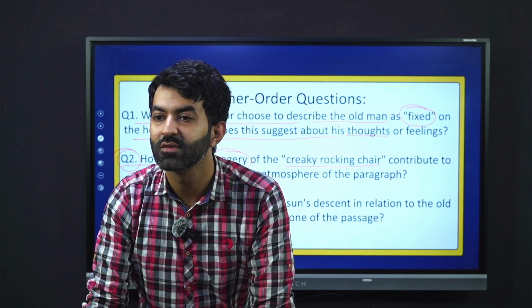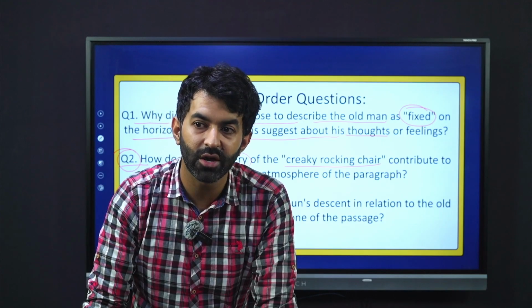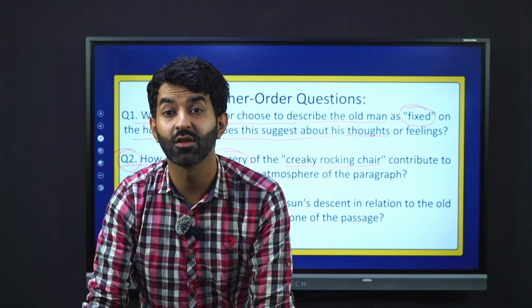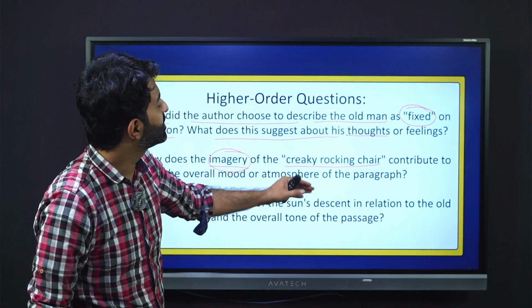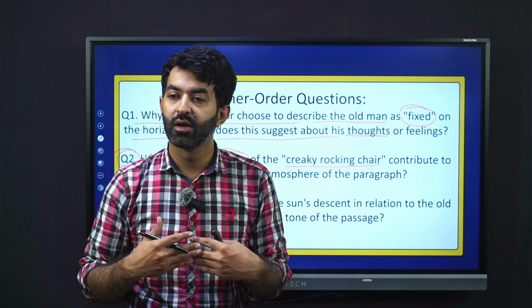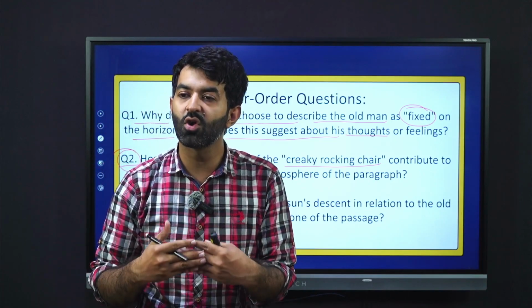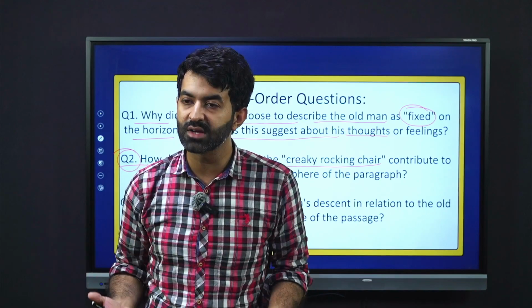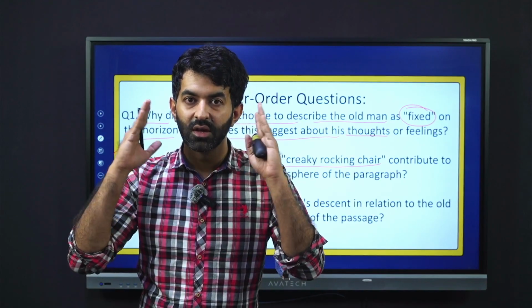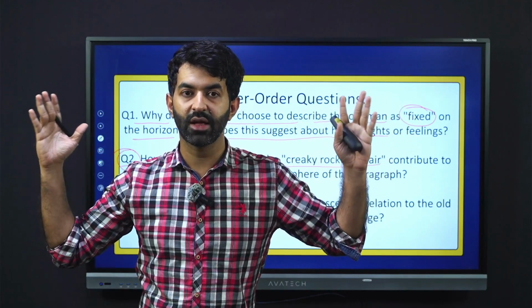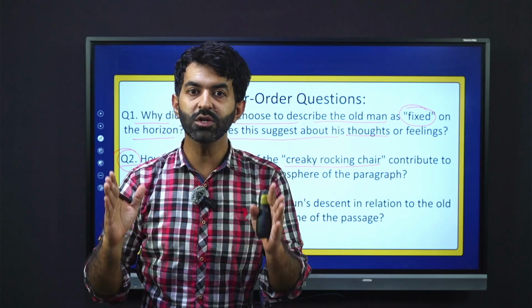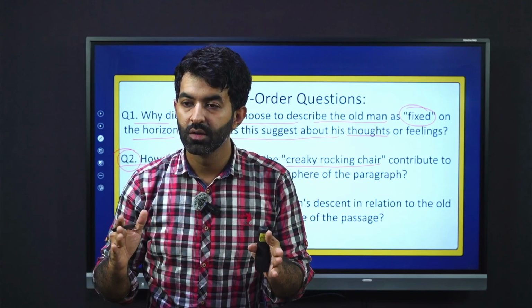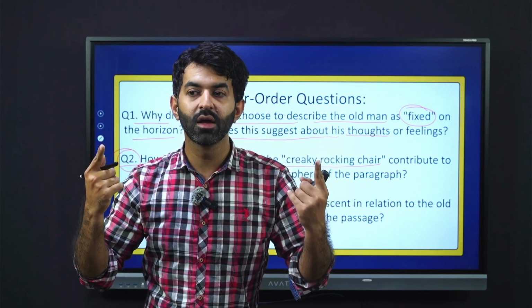The chair is not new, it's making noise. It is old, just like the old man, right? And this is telling us that he's moving. He is moving back and forth in the rocking chair. That's why it's making a creaky sound. So this gives an image that a person is sitting at the porch at the front of the house and he's continuously moving back and forth. So an image is coming to our mind.